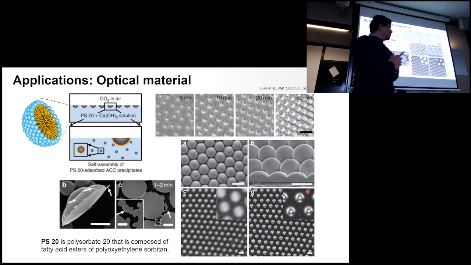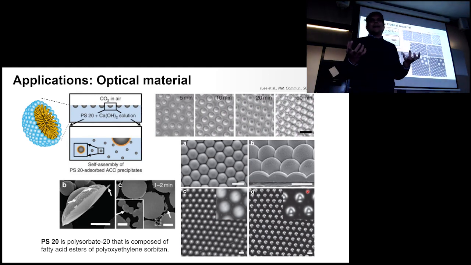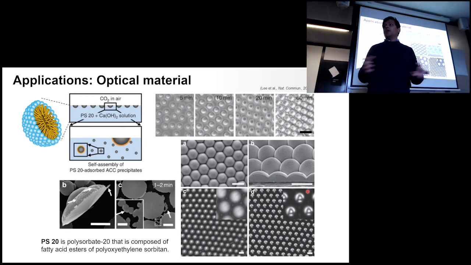Most importantly, this process does not involve any high-end photolithography or any expensive chemicals, any process control, nothing. It just happens at ambient temperature with little precursor. Nothing toxic, not poisonous at all.